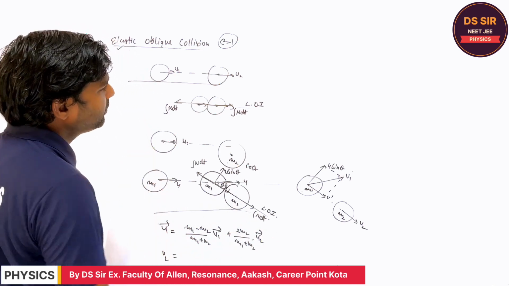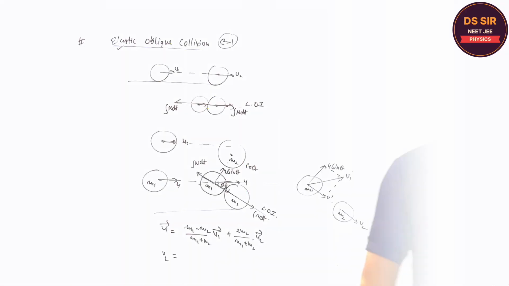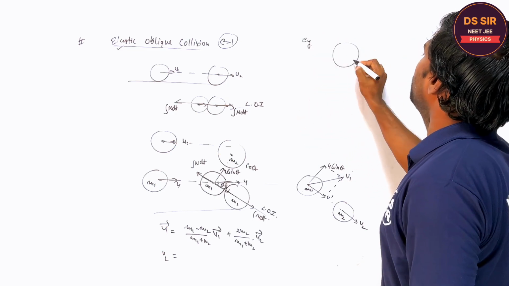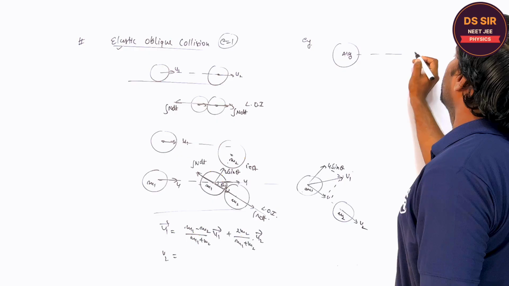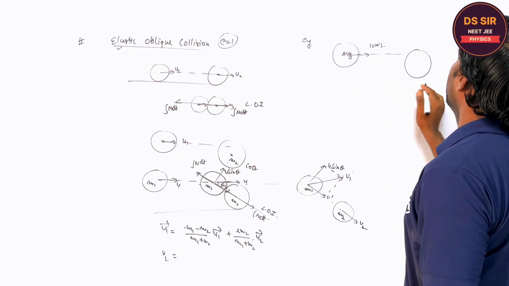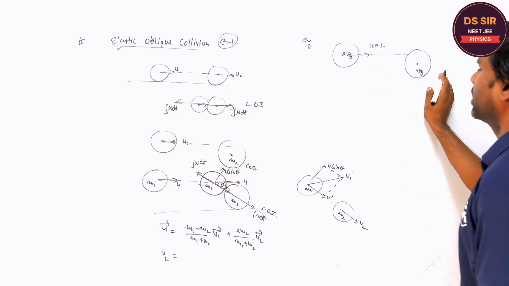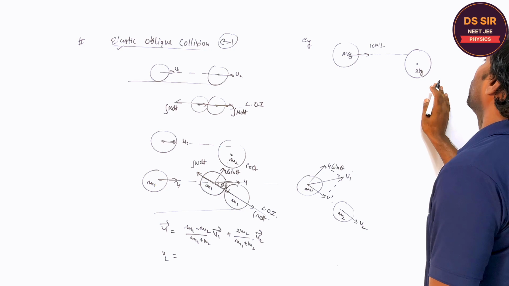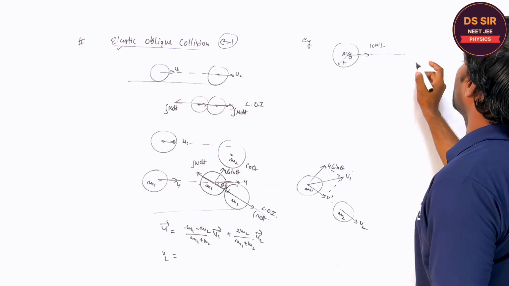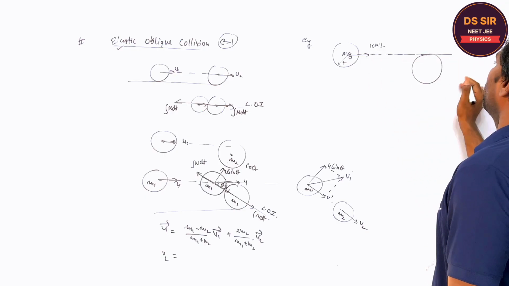Copy this. I will give some illustration, then you can better understand. Whatever you want to copy, you can. So I'm giving an example. For example, if this is a body of 4 kg, right, it is moving with speed 10 meter per second like this, and here another body is placed of mass 2 kg. Right, when it hits over here, you can assume the radius of this ball is r, and this is the direction of the velocity.